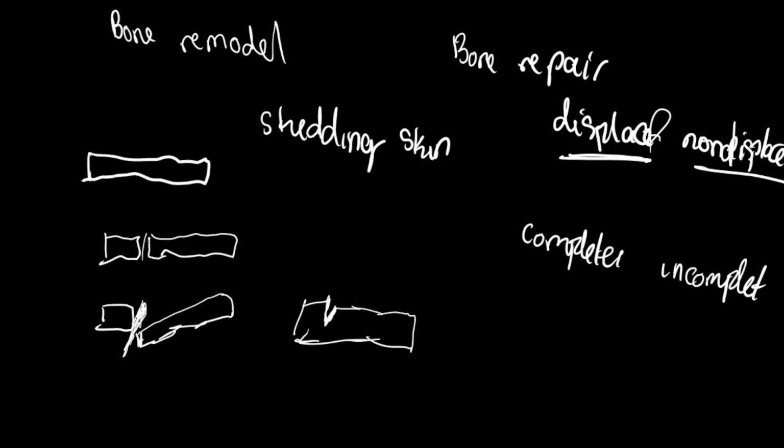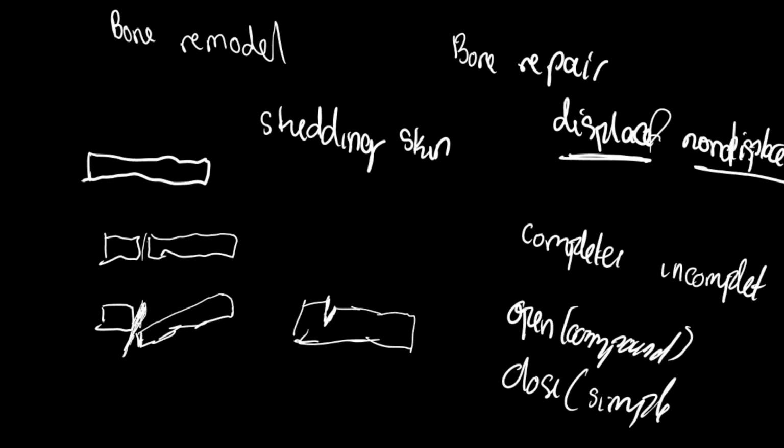Then we have an open fracture. An open fracture is also called a compound fracture. So open or compound, and then we have the closed or simple fracture. With an open fracture, as the name implies, the end of the bone penetrates through the skin, such that the bone is actually on the surface.